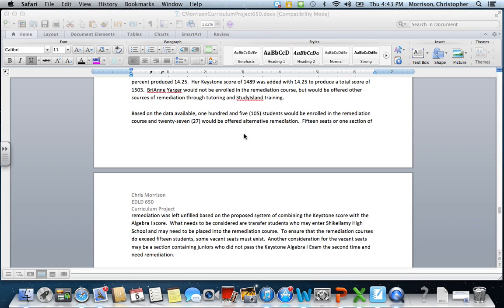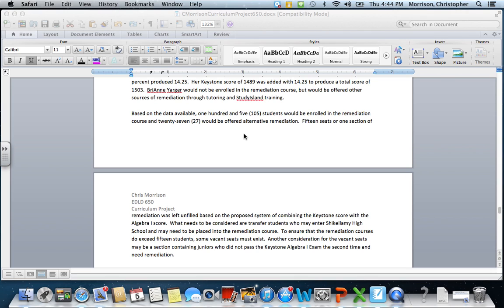And there were 105 students that ended up being below the 1500 level and would be enrolled for remediation for the next school year. There were 27 students who exceeded the 1500 point level. So these students are not going to receive the remediation course, but will receive alternative remediation.